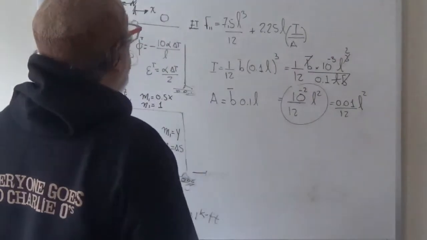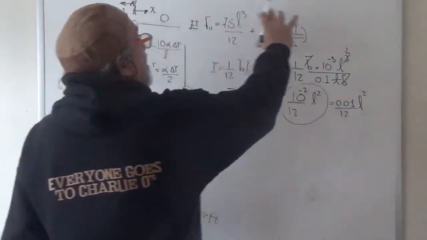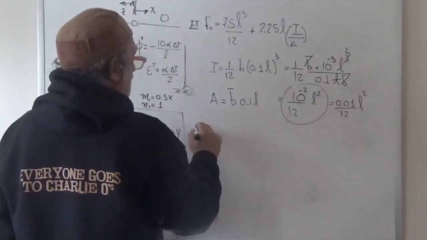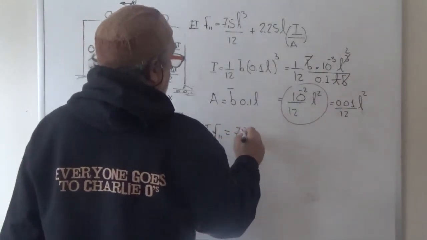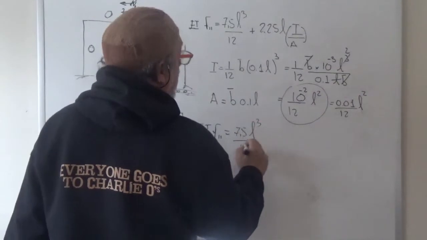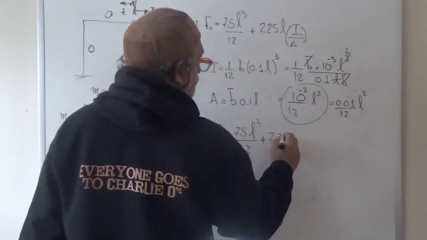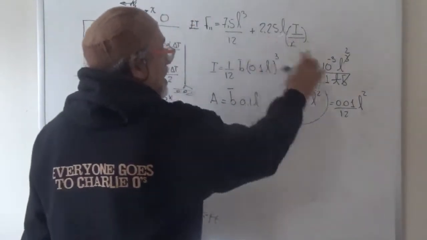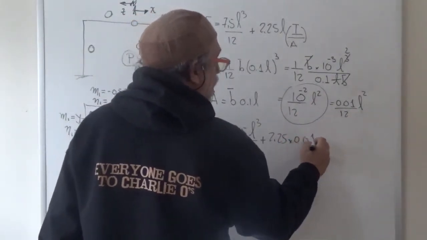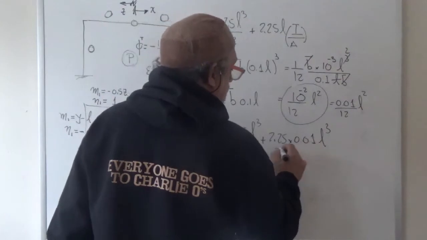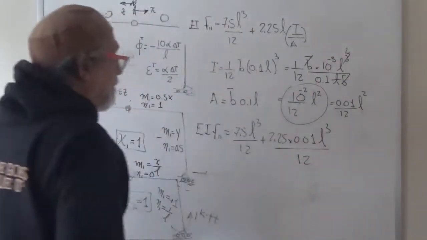All right? Therefore, we can write this stuff as EI F11 equals 7.5 L cubed over 12, plus 2.25. Now L times this is just 2.25 times 0.01 L cubed over 12, right?